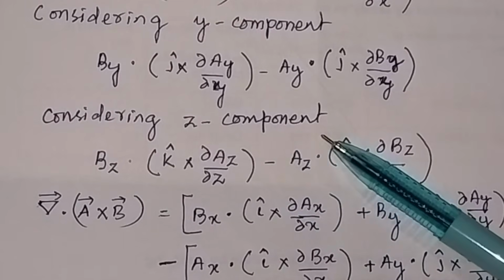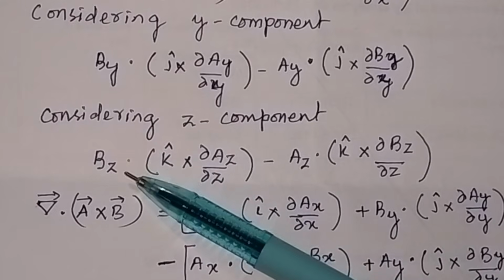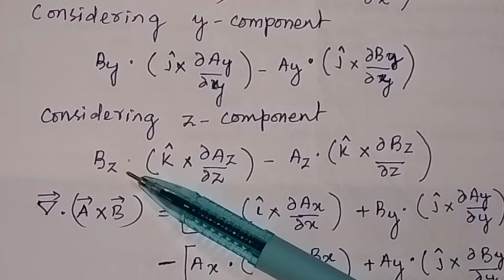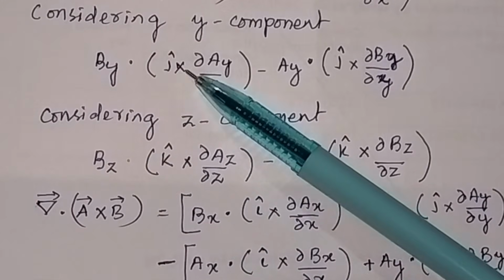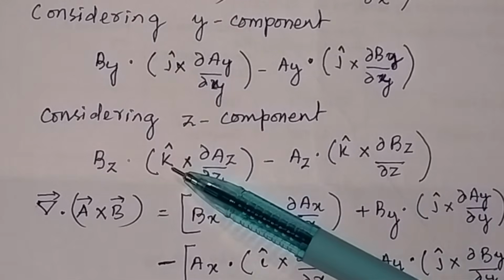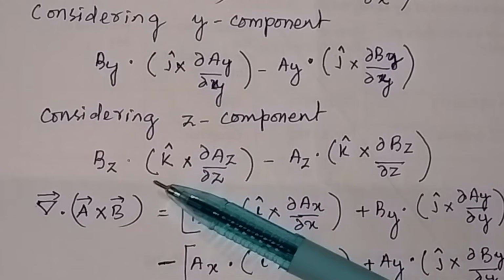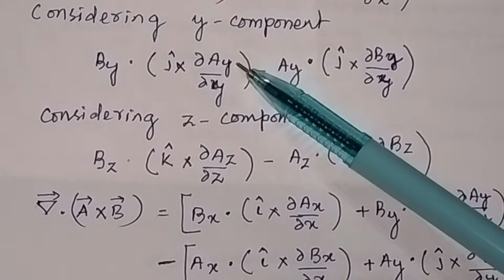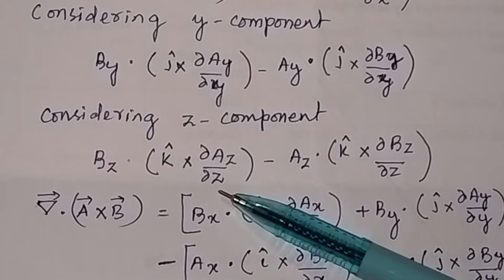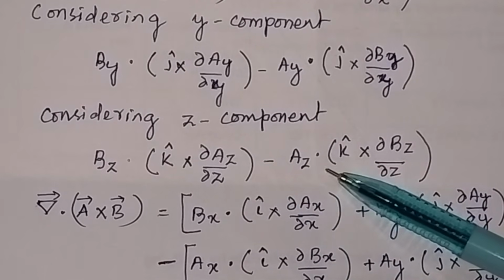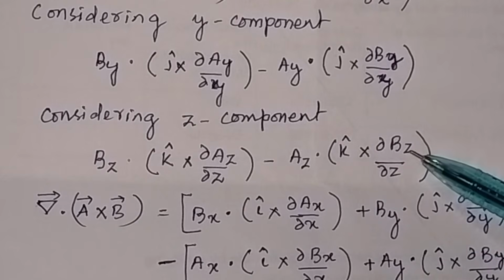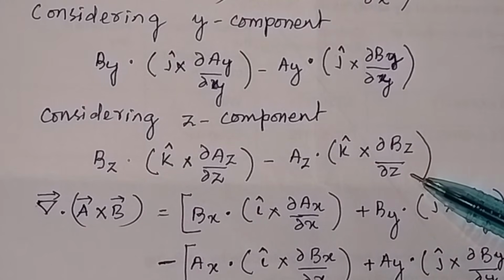Similarly, for the z component, you get Bz dot k cap cross partial derivative of Az with respect to z, minus Az dot k cap cross partial derivative of Bz with respect to z.